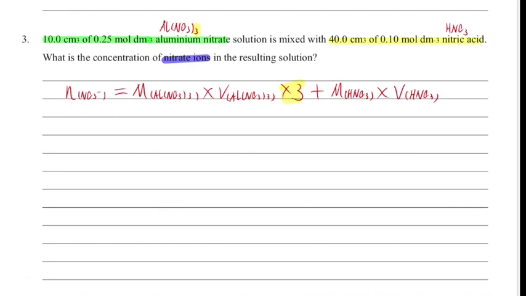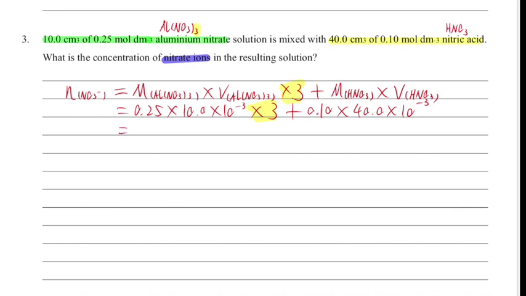Okay, so we substitute the numbers in. 0.25 multiplied by 10 times 10 to the power of minus 3 multiplied by 3, and then plus 0.1 molar multiplied by 40 multiplied by 10 to the power of minus 3.